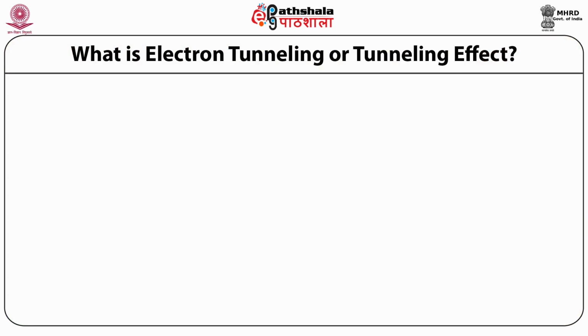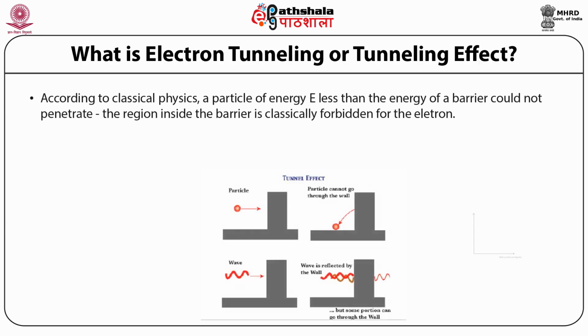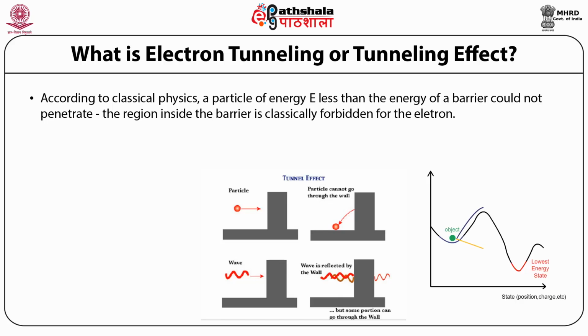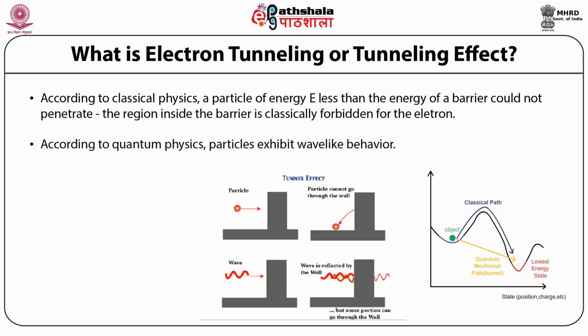What is electron tunneling or the tunneling effect? According to classical physics, a particle of energy less than the energy of a barrier could not penetrate. The region inside the barrier is classically forbidden for the electron. According to quantum physics, particles exhibit wave-like behavior.